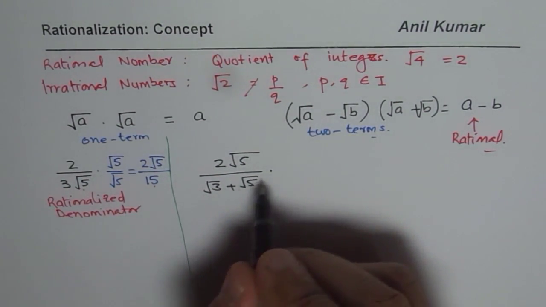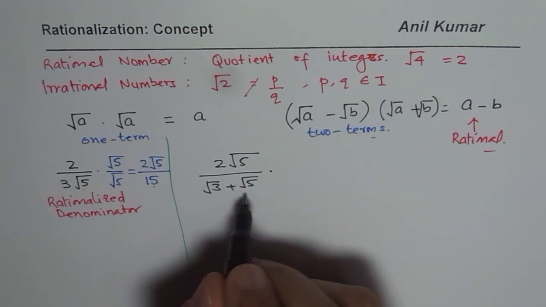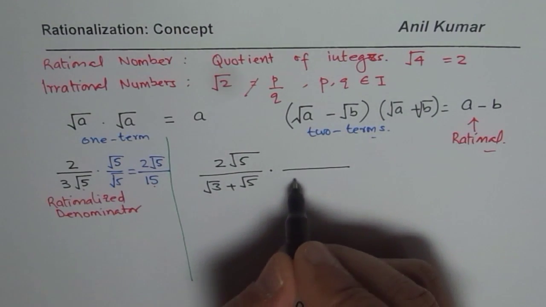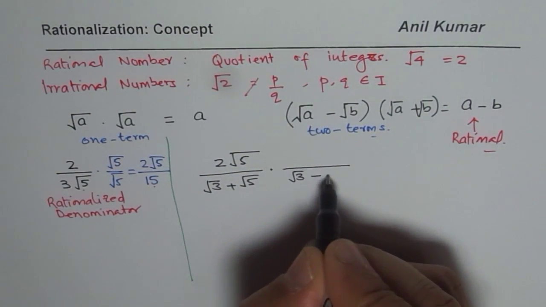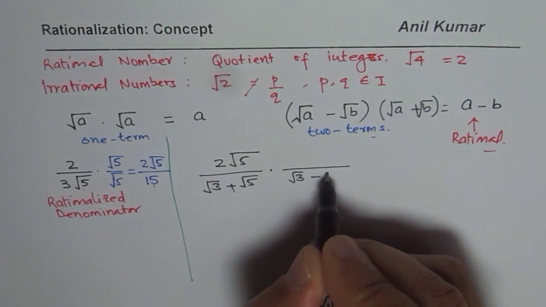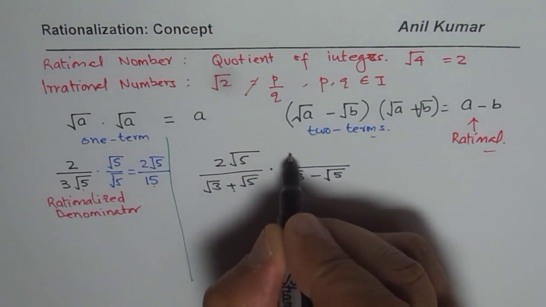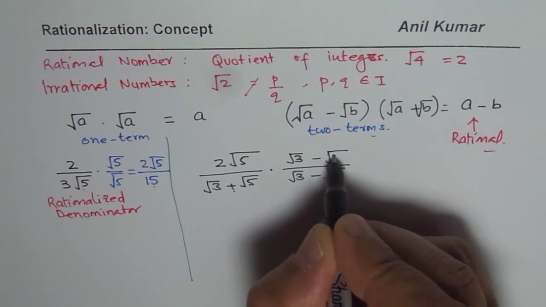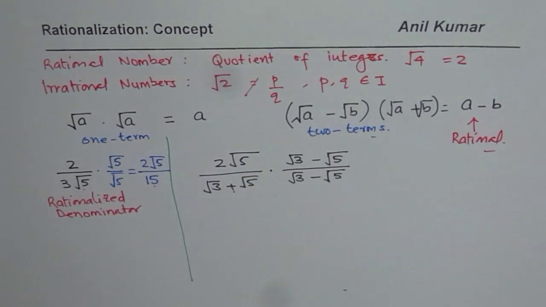Now how do we get the conjugate? The conjugate of square root 3 plus square root 5 will be square root 3 minus square root 5. So just interchange the sign. So we multiply and divide by square root 3 minus square root 5, the conjugate of square root 3 plus square root 5.